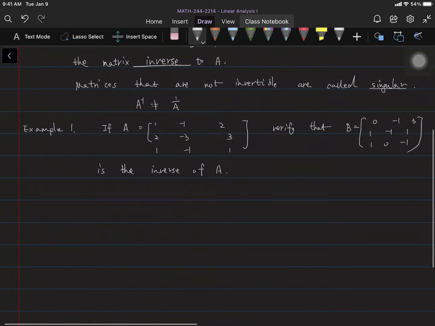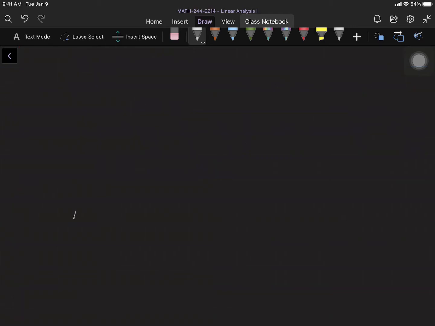You can see here the matrices A and B are totally different, right? So we couldn't see any connection between them. But if we want to verify they are inverses of each other, we can do the multiplication.